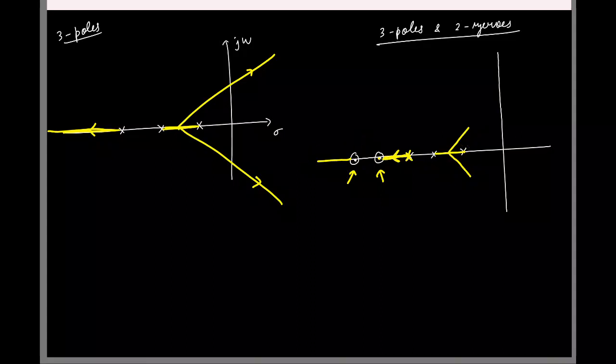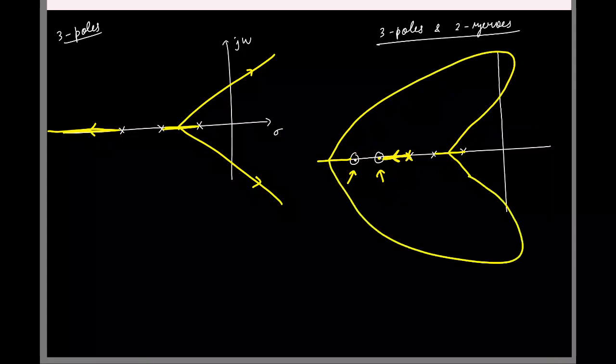So again, in plain logic, it will do this. Now you see, if you choose a large enough gain, again in the presence of zeros, the poles can actually lie on the real axis, and this indeed becomes stable.